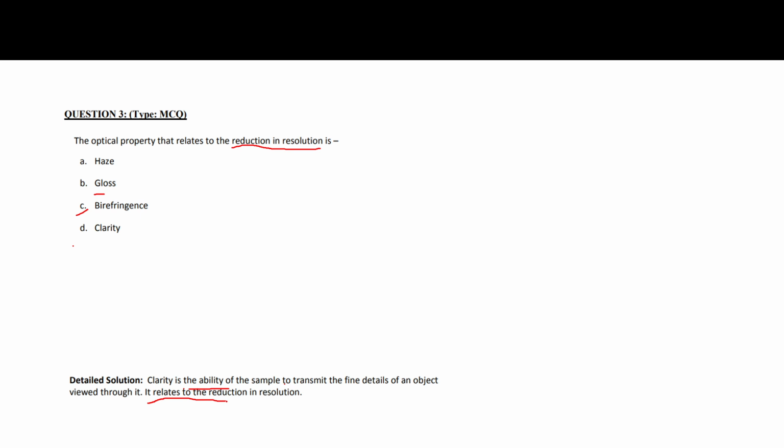If the clarity is good, then your resolution is good. We can distinguish between the two things. Resolution means that when you zoom in on anything, you can distinguish these two differently and clearly see these two.